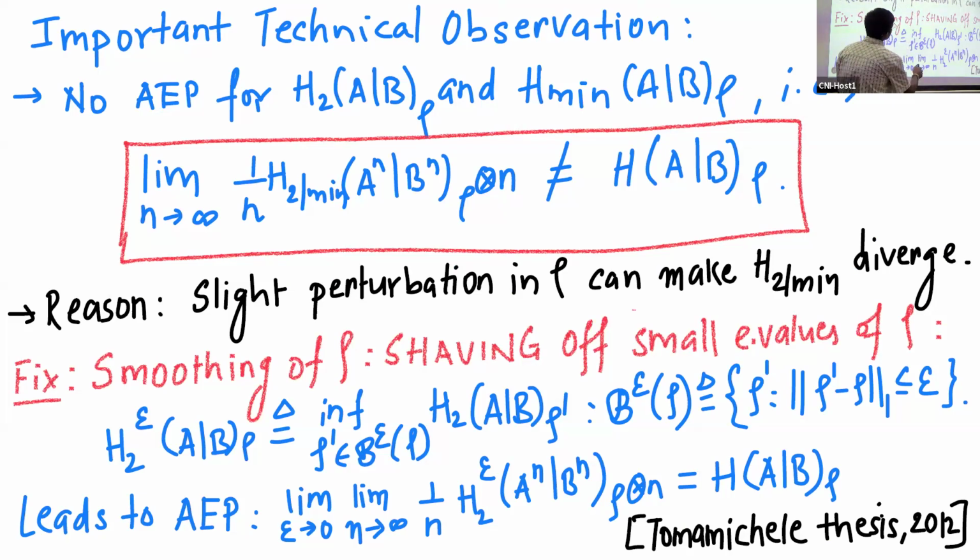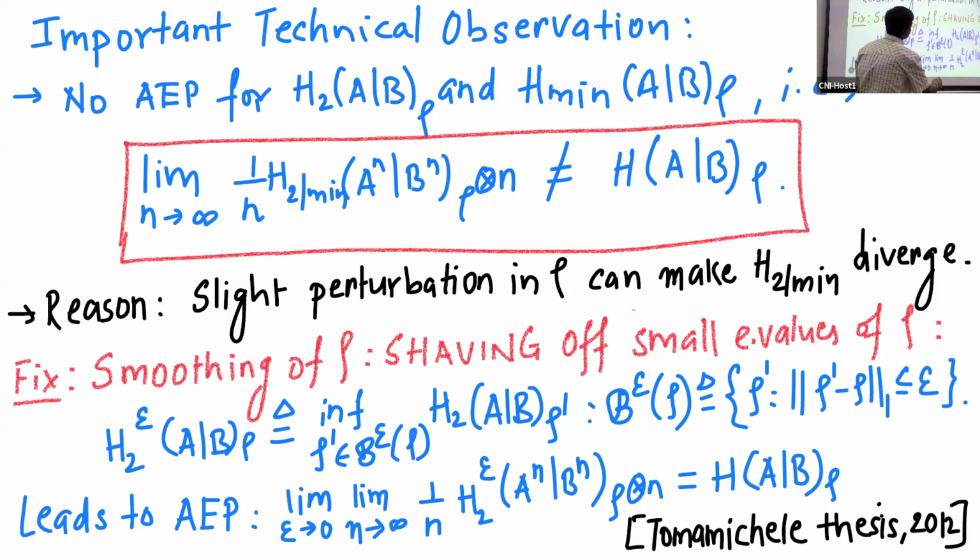For this, I need to raise rho to the tensor power n, and all the underlying systems will be on n-fold Hilbert spaces. An AEP-like property would mean that if I divide the entropy of the n-fold extended system by n and take the limit as n goes to infinity, this should be equal to the conditional von Neumann or conditional Shannon entropy. But with these entropic quantities as they were defined, this does not happen.